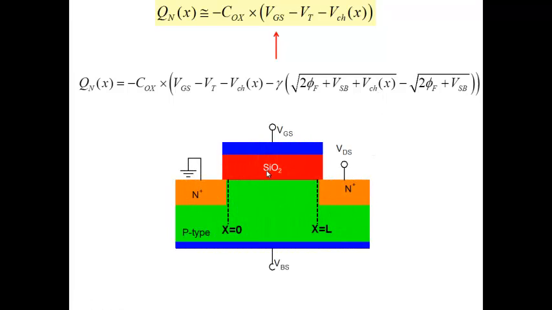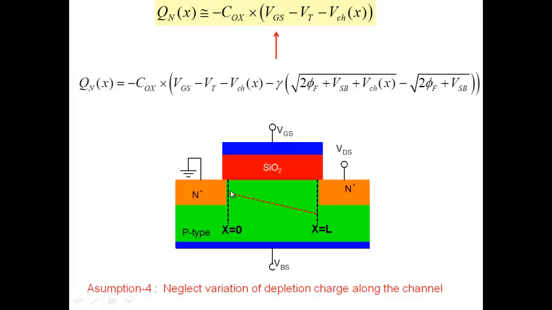In general, the depletion width will be low near the source and high as you go towards the drain. But you are ignoring all of that. Only when you say that this term is not there do you get this simplified expression. So you're ignoring the variation of depletion charge along the channel, and that's another assumption you're making here.